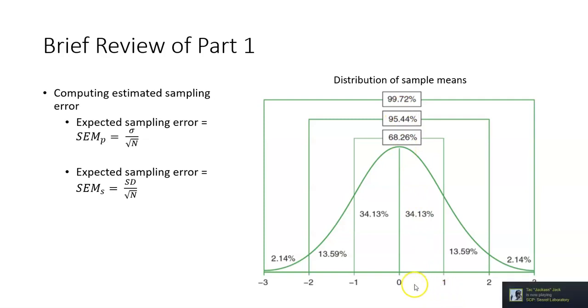Specifically, approximately 68% of all sample means are going to fall within one SEM step above and one SEM step below the population mean. Again, how big is an SEM step? Right here, the standard deviation of the population divided by the square root of n.